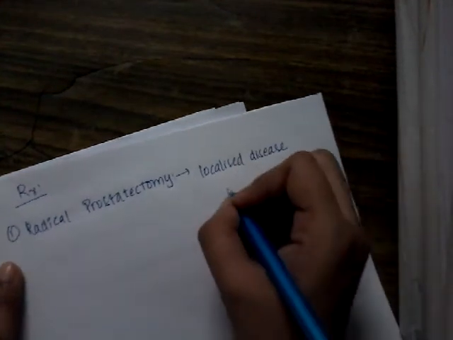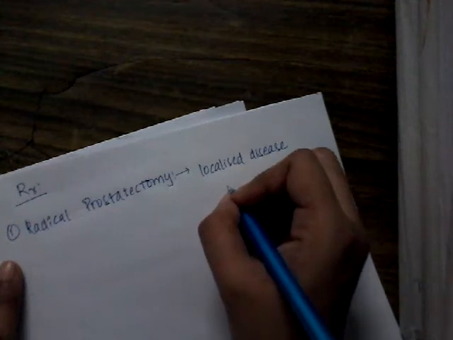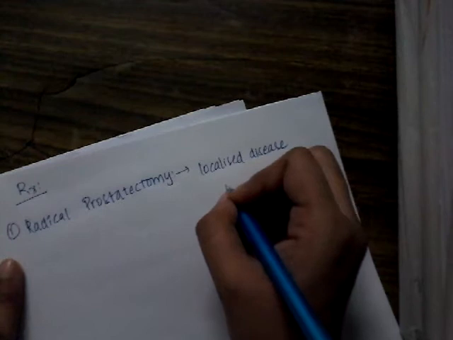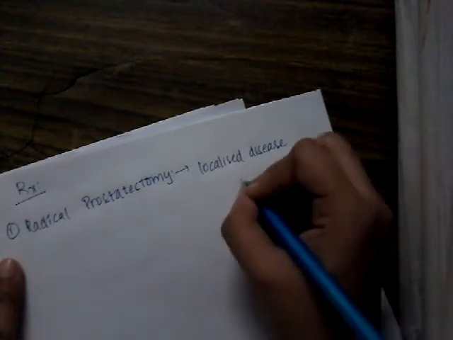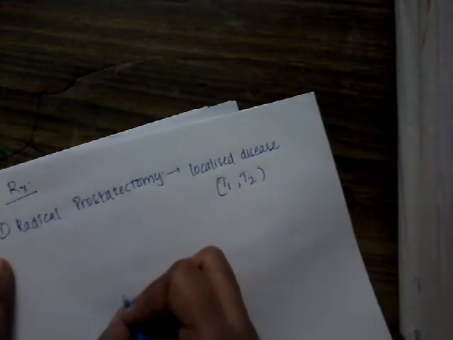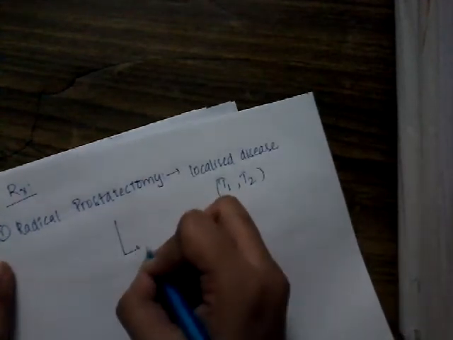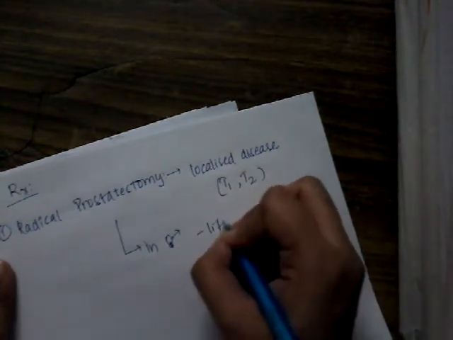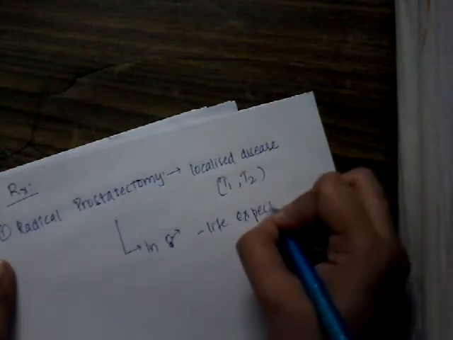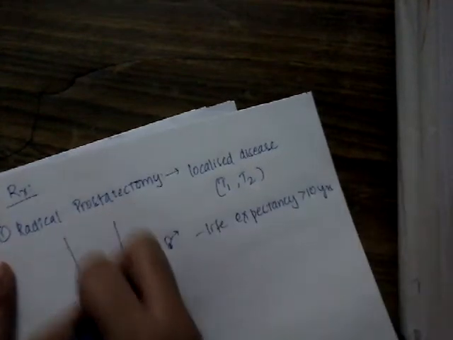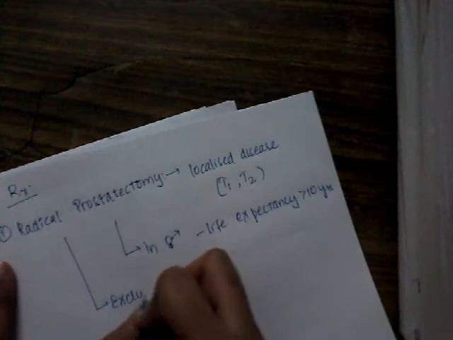T3 is extended to seminal vesicles and bilateral extension, whereas T4 is metastasis. So we don't do radical prostatectomy for T3 and T4. This is done for T1 and T2, and it is done in men with life expectancy more than 10 years, and exclusion of metastasis.